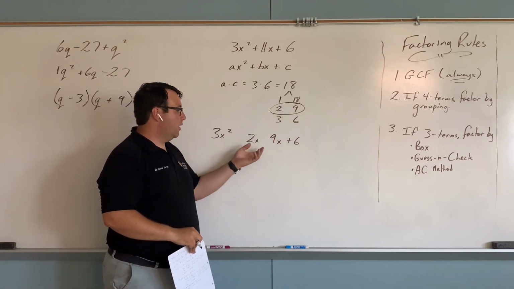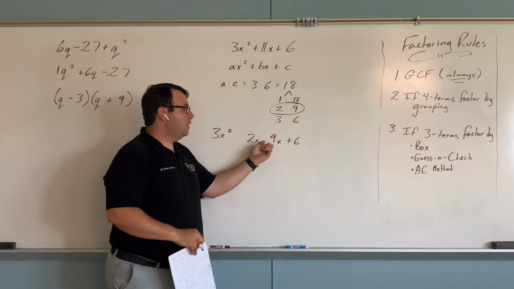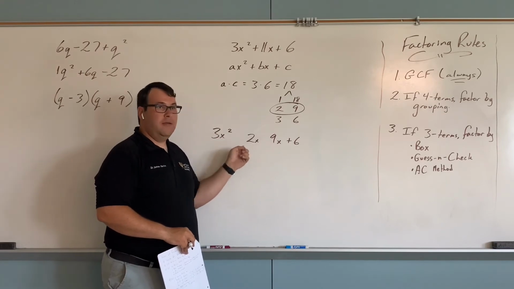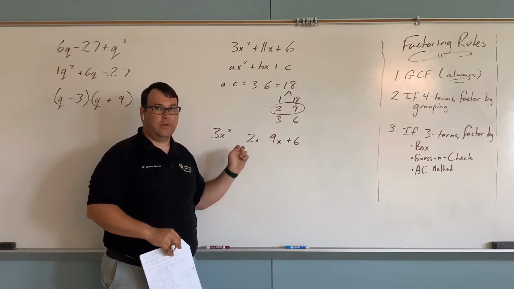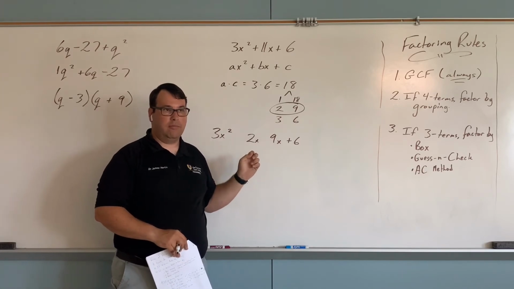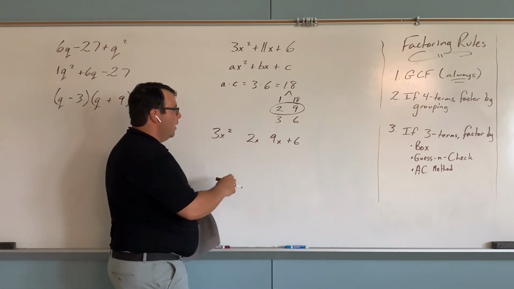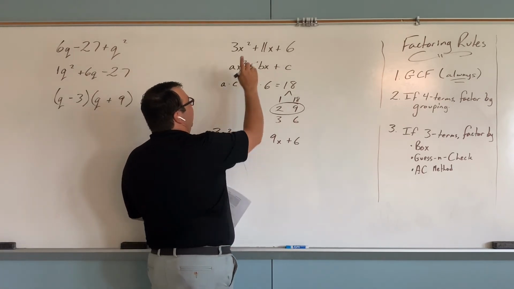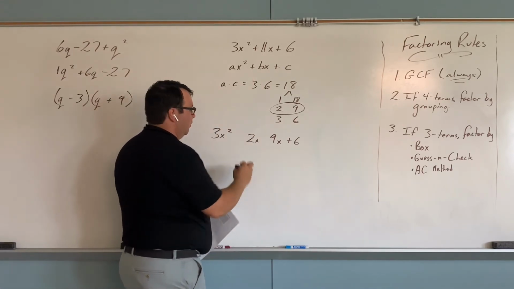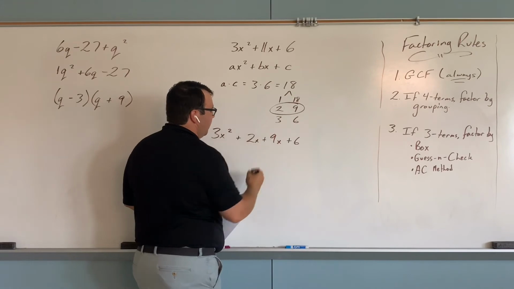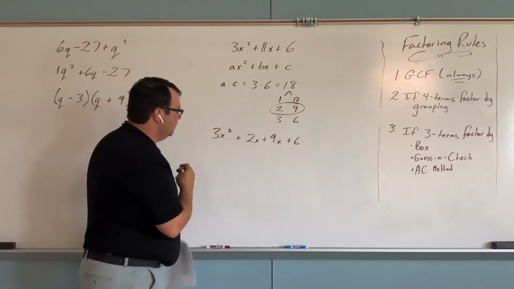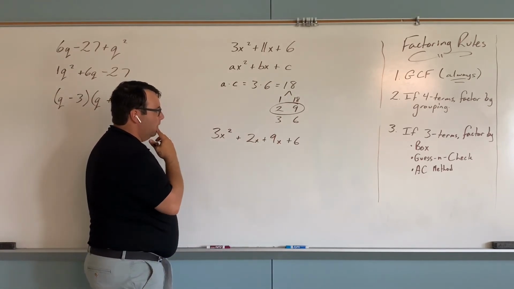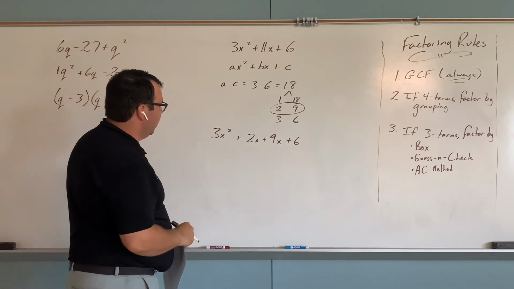And the reason for that is I need to determine if these will actually work as numerical values. So here's what I'm looking at. I have 2x, I have 9x. From those two terms, how do I get a positive 11x? Well, both of these have to be positive.